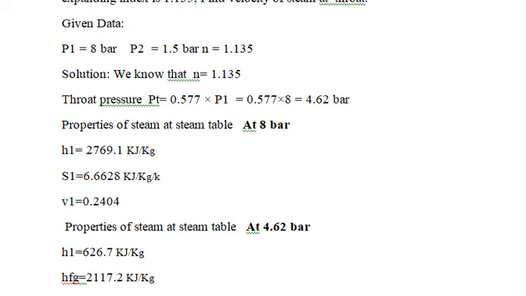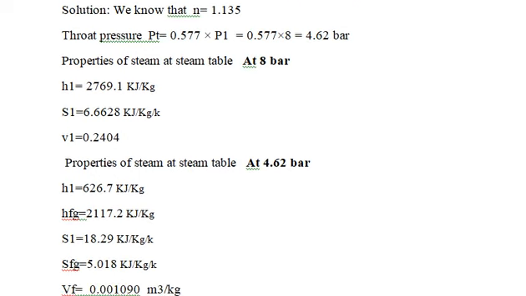You are getting the throat pressure, and then you have to find the properties of steam at different pressure lines. From the steam table at 8 bar, you are getting enthalpy H1, entropy S1, and specific volume. H1 equals 2761.0 kJ per kg, S1 entropy 6.6628 kJ per kg Kelvin, and specific volume V1 equals 0.2404.